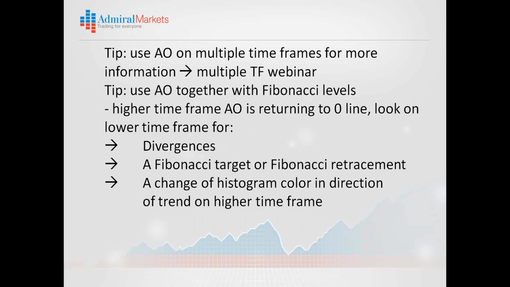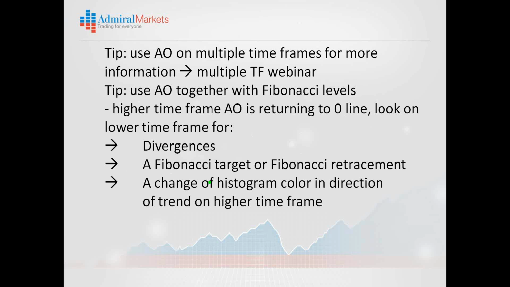And yeah, higher time frame. You can, for example, look on the higher time frame for retracement, and then look at a lower time frame, for example, for divergence between the retracement tops, a Fibonacci target to be hit, a change of histogram color on the lower time frame.